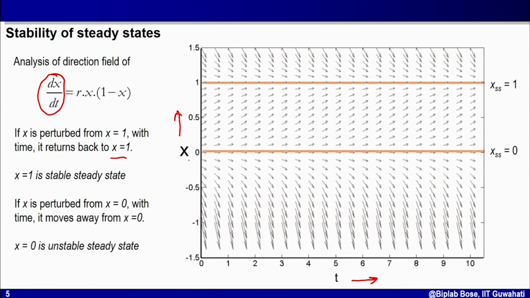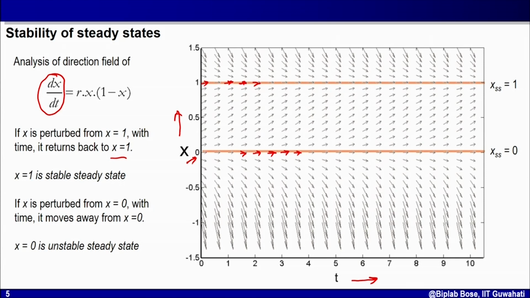At x equal to 0, if you move along the time axis, you will see all arrows are horizontal. That means along x equal to 0, dx/dt is equal to 0. Similarly, at x equal to 1, all arrows are horizontal.